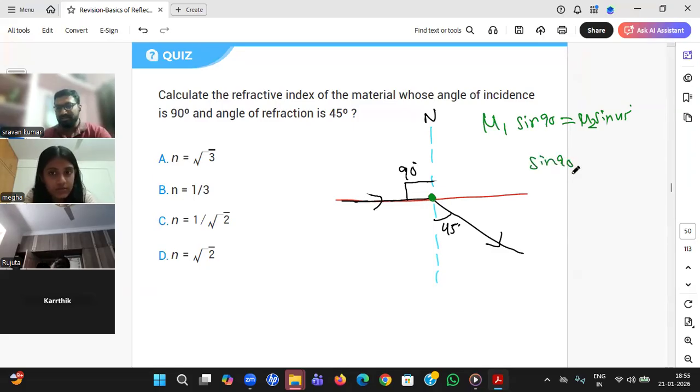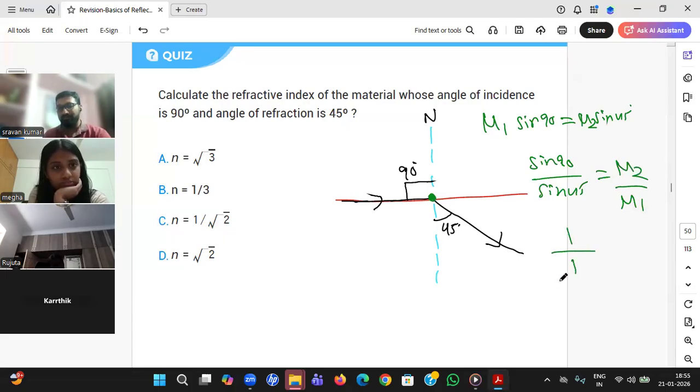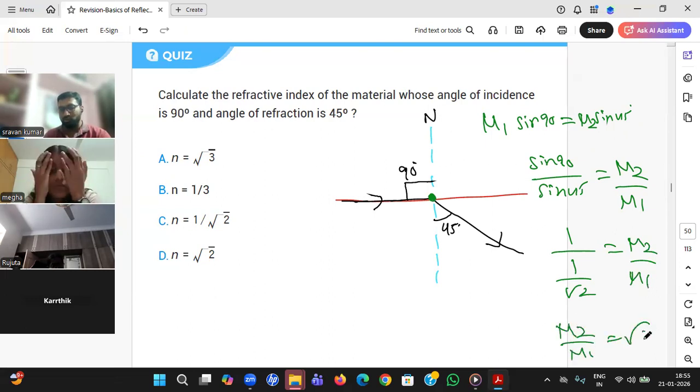Sine 90 by sine 45 equal to mu2 by mu1. So mu2 is the refractive index asked, so I should compare with mu1, mu2 by mu1. So 1 by root 2 equal to mu2 by mu1. So that is root 2. Mu2 by mu1 equals root 2. Sometimes we will take this value as n.